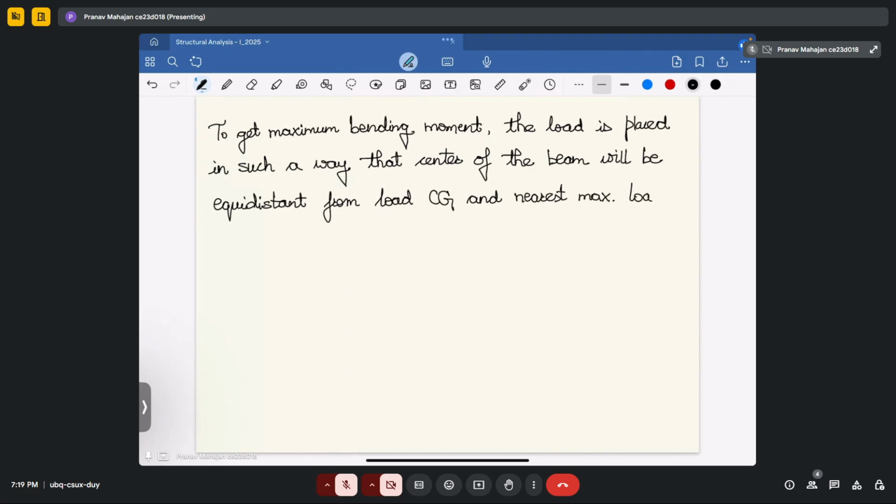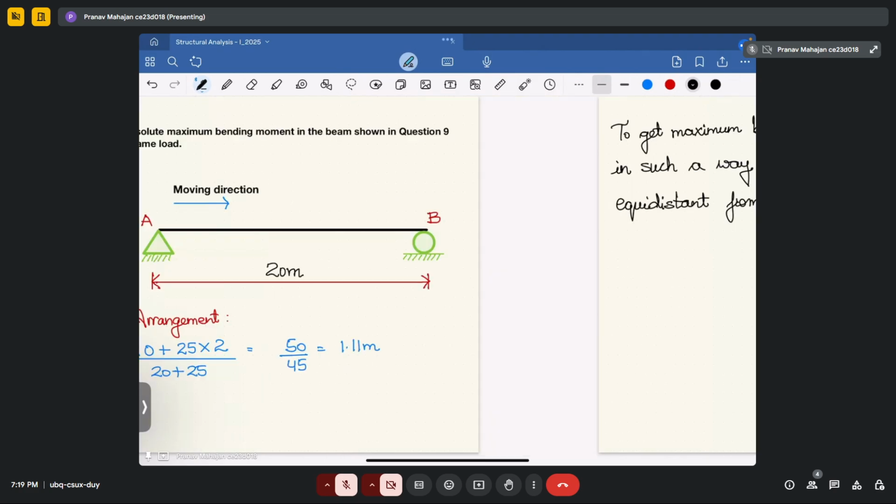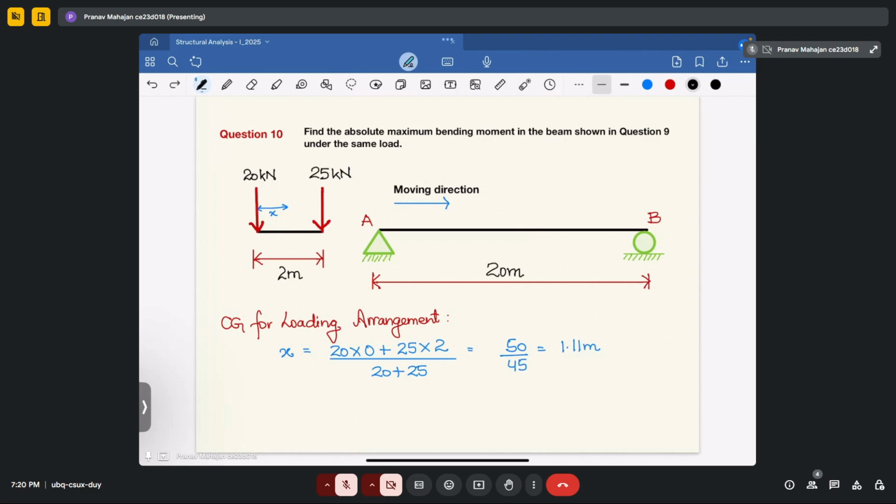Out of these two, the maximum load is 25 kilonewton. So if one distance is 1.11, your other distance will be, let me copy this diagram and we will see in the next page.